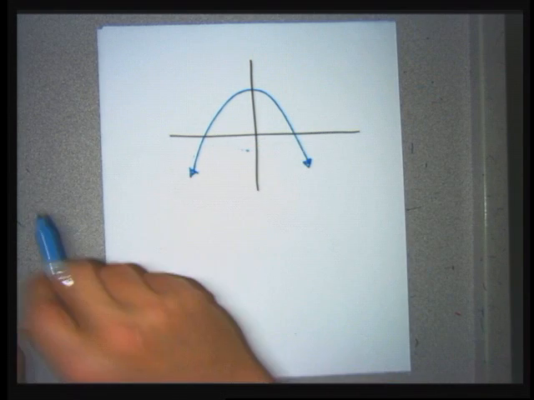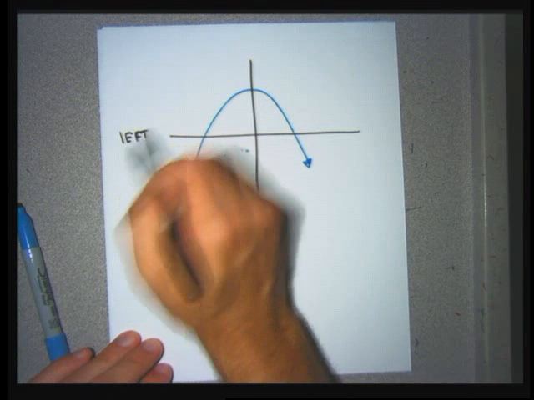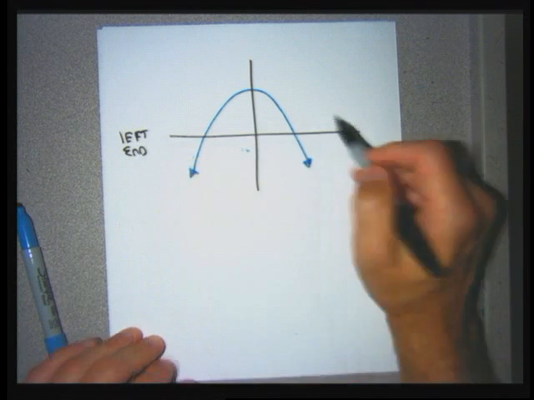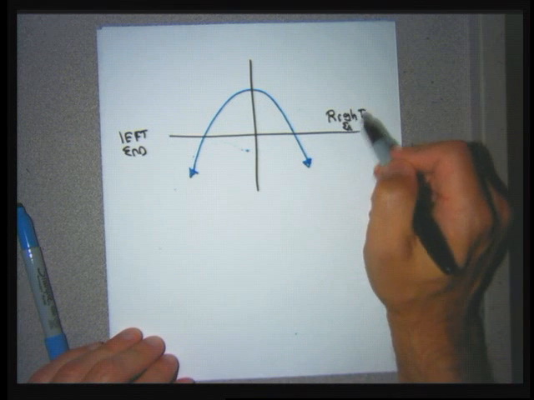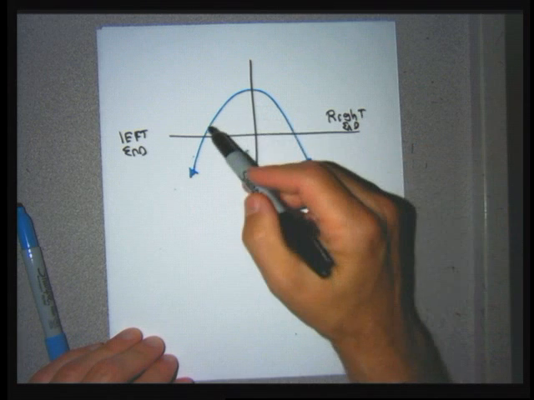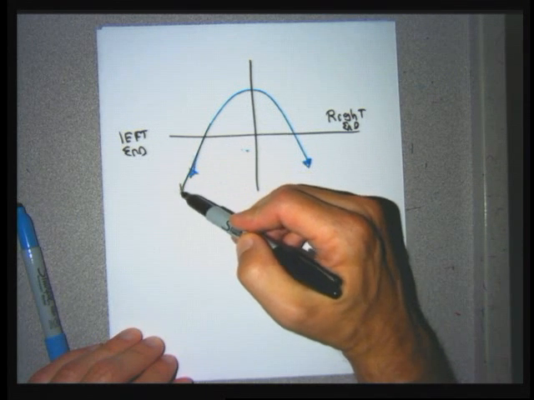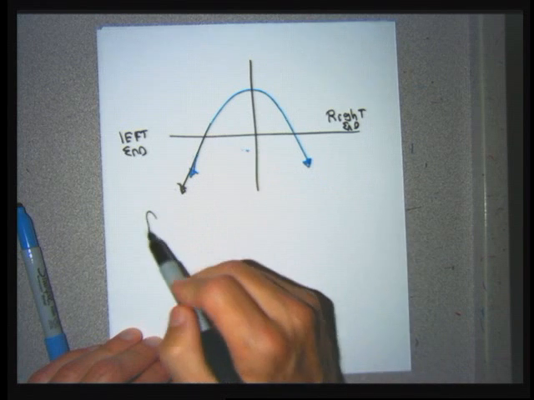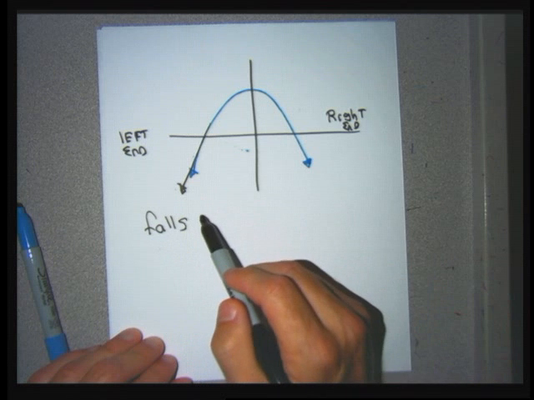If I want to describe the end behavior, again, this is the left end of the graph. This is the right end. If I'm tracing to go towards the left end of the graph, my marker is moving down, so I would say it falls as I move to the left, and we usually get lazy.